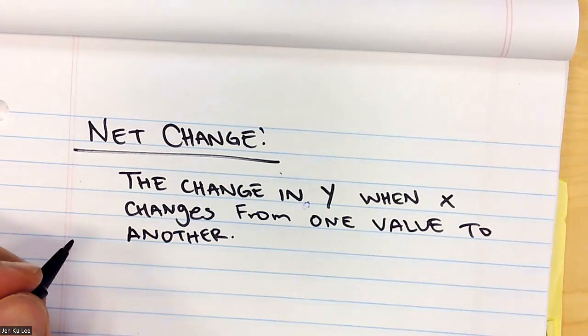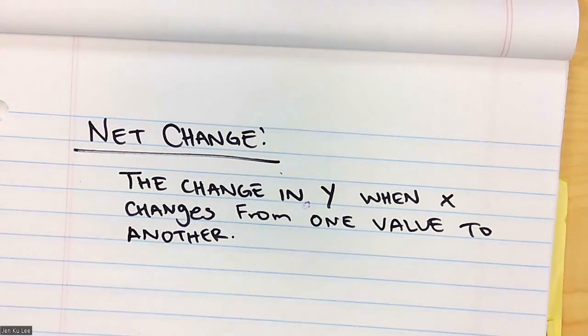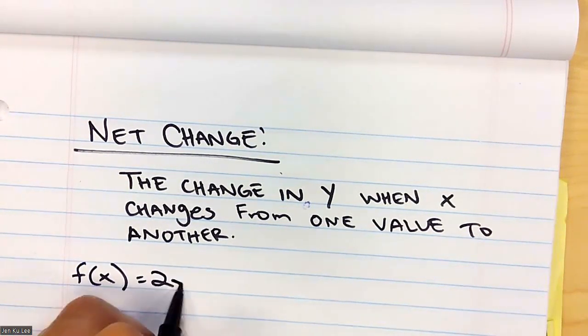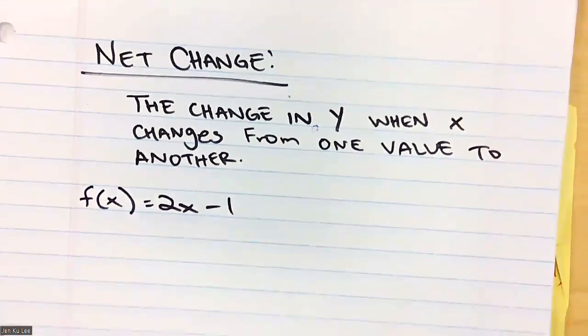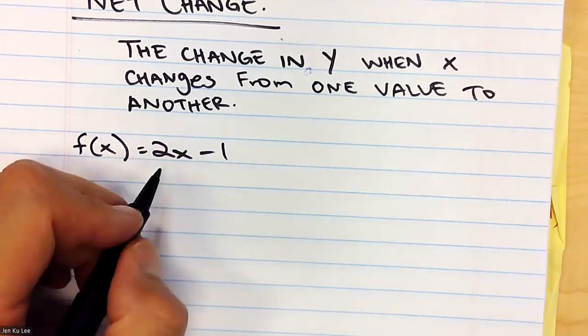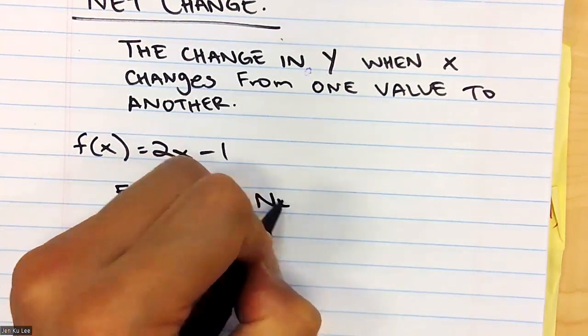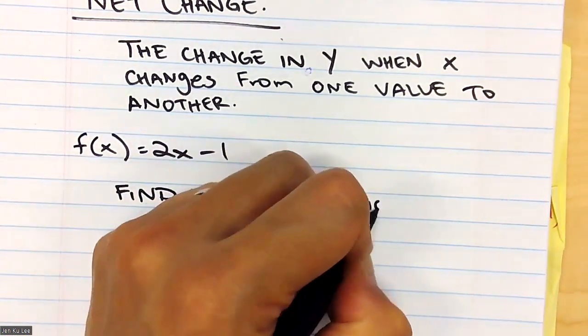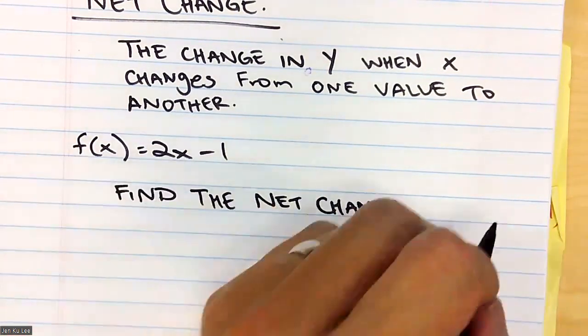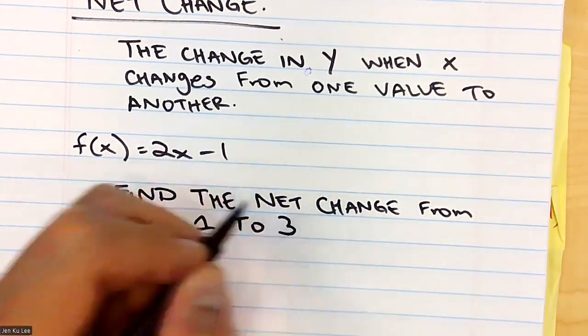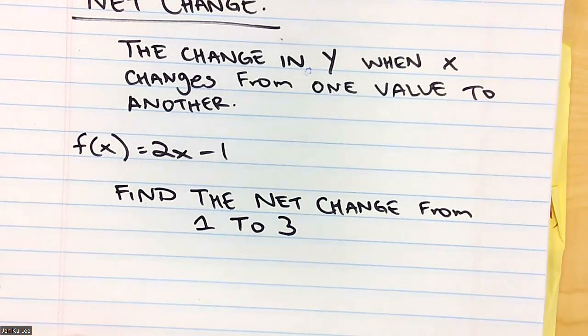So if I give you another function, f of x equals 2x minus 1, and I ask you, find the net change from 1 to 3.